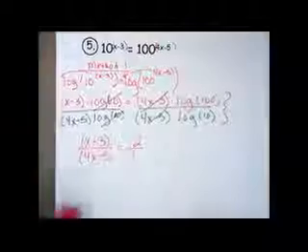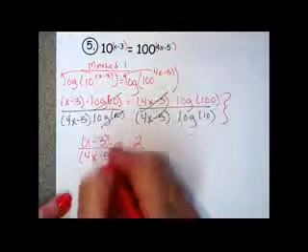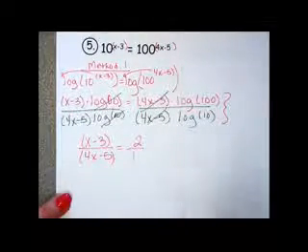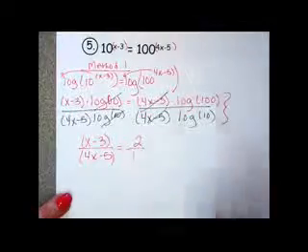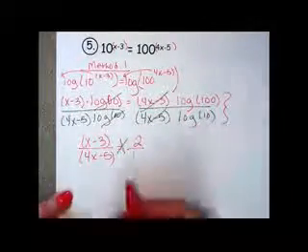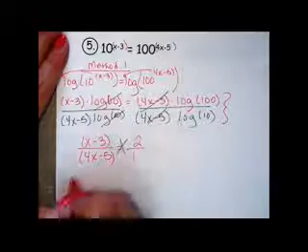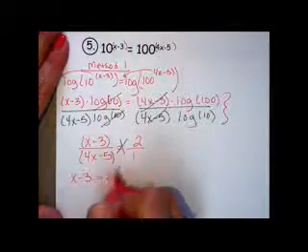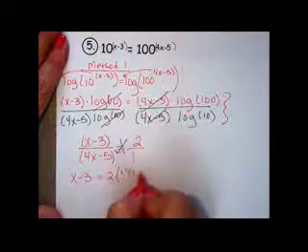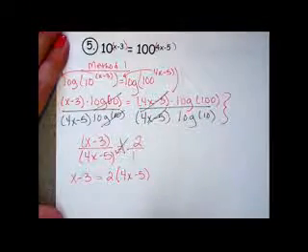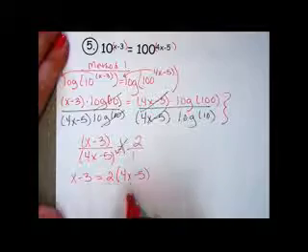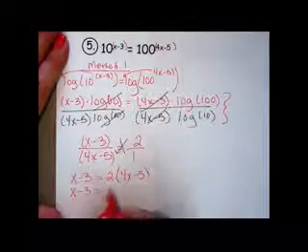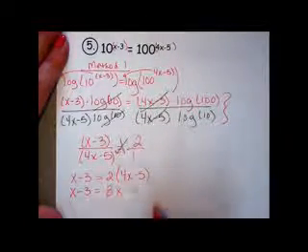Well, if I put that over 1, now I just have a proportion. How do we solve a proportion? We cross multiply. So x minus 3 times 1 is x minus 3 equals 2 times 4x minus 5. So we go ahead and distribute. X minus 3 equals 8x minus 10.